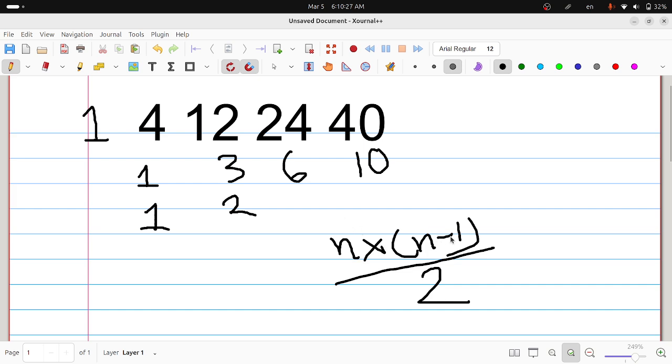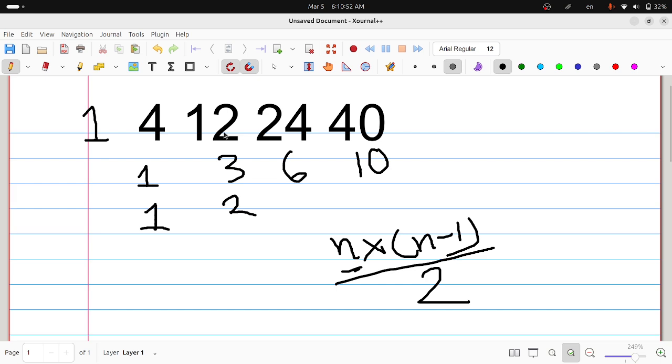1 into, no, 2 into 1, so that's, yeah, 2 into 1, then 3 into, if I look for 2, then 2 into 2 minus 1, so 2 by 2, this is 1, and 2 is crossed out, so that's okay.